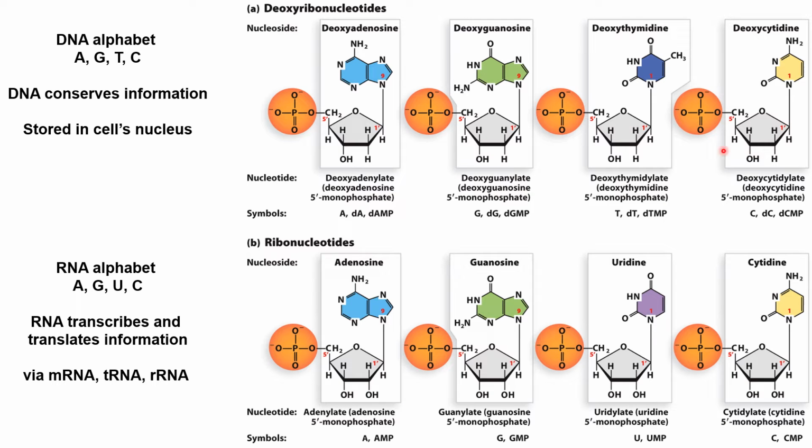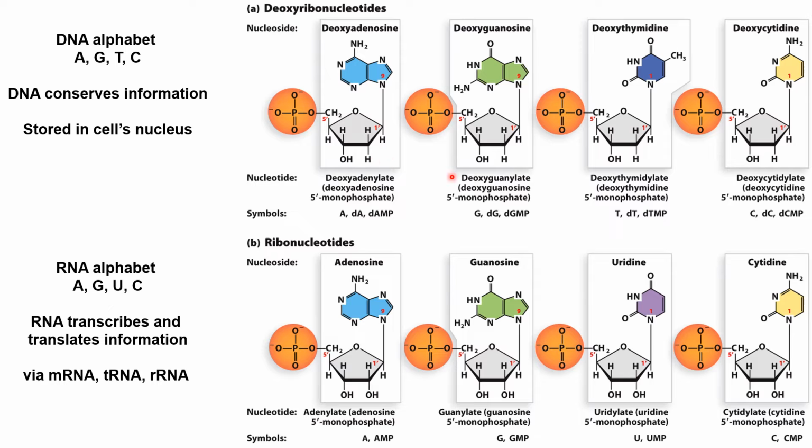So to be able to understand the differences between them, deoxyribose nucleotides, they're nucleotides because they consist of 3 components, so the phosphate, the ribose sugar, and the base as shown here. And the biggest difference between DNA and RNA is this 2' position.